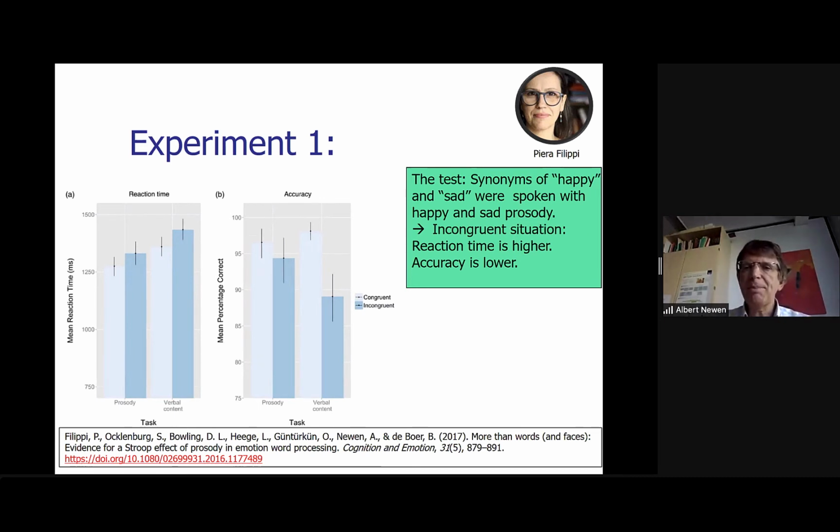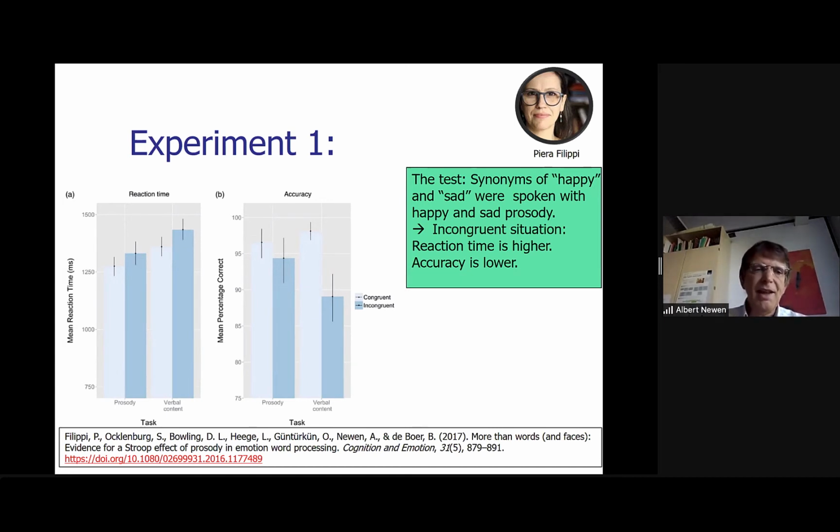We use this effect to test synonyms now of emotion words. We focused on happy and sad and a lot of synonyms, glücklich, fröhlich in German and so on. And now we could also easily produce an incongruent situation, namely we have the content of the word and we spoke it with a happy or sad prosody.